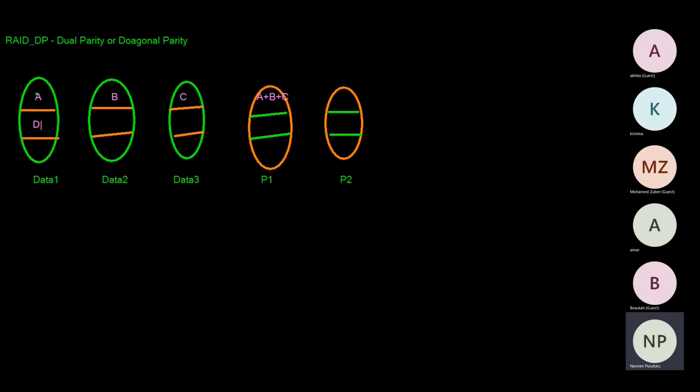Next, D, E, F. Same thing, D plus E plus F. And in the third stripe, G, H, I. Again here it will write G plus H plus I.